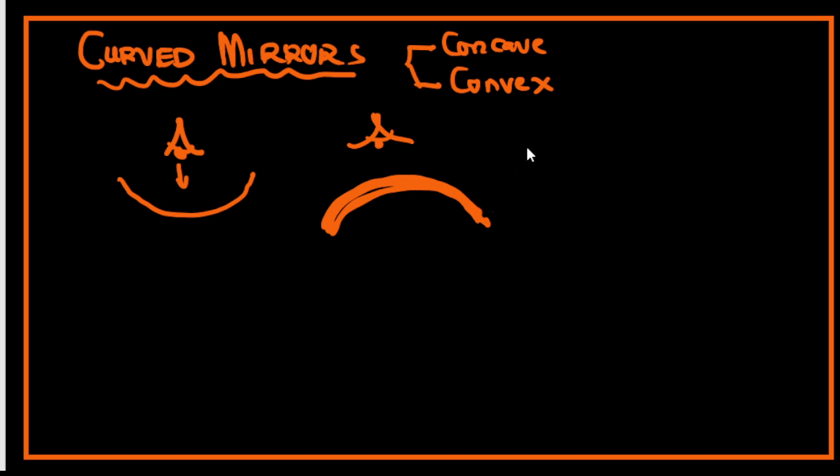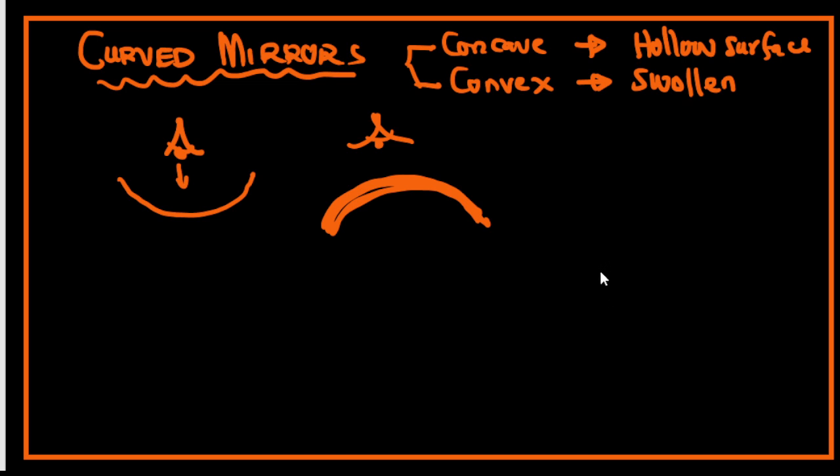So the word convex, you can always relate it to a surface that is swollen. So once you remember a swollen surface, then you can easily tell what is convex. For instance, most people's foreheads are convex in nature. Then we have concave. Concave is like a depression. So let's just say hollow. Good. That's a better word. A hollow surface is a concave surface.